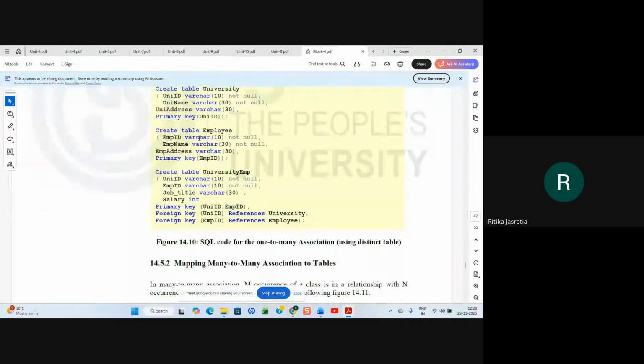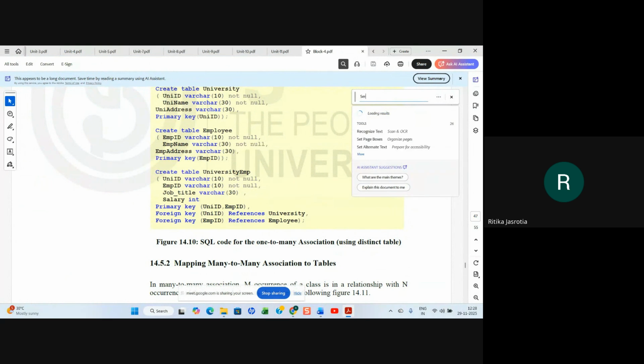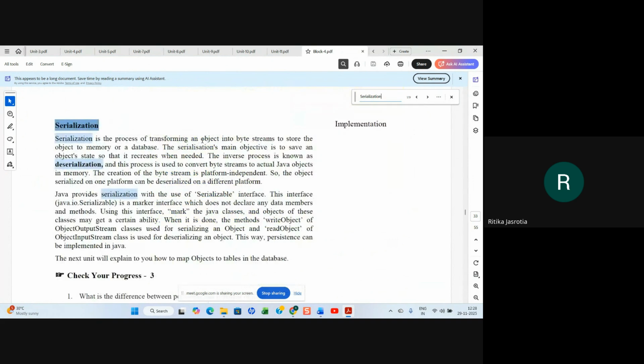In block 4 we have seen serialization. Serialization is the process of transforming an object into a byte stream to store the object in memory or a database.